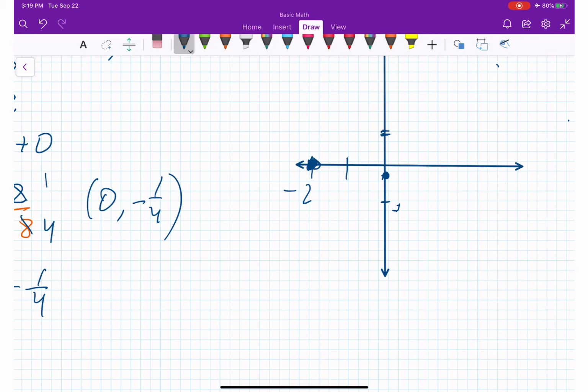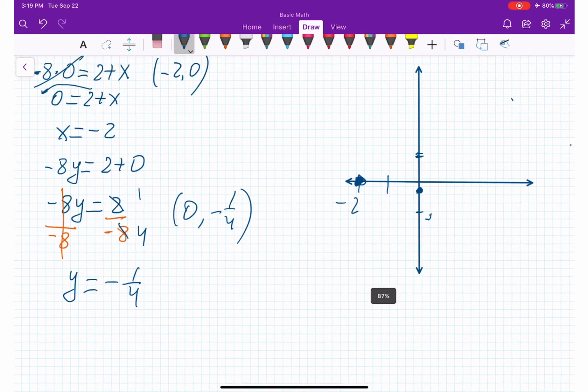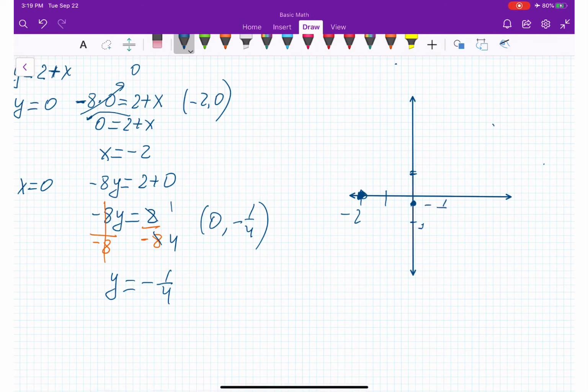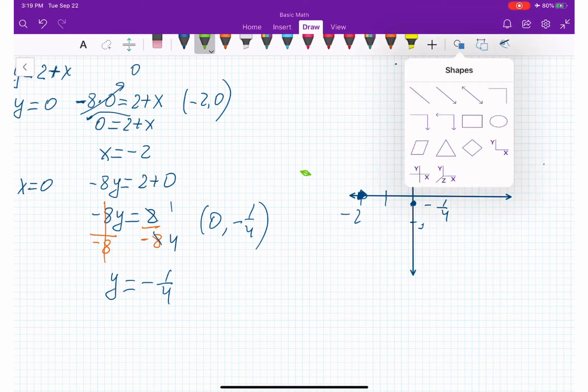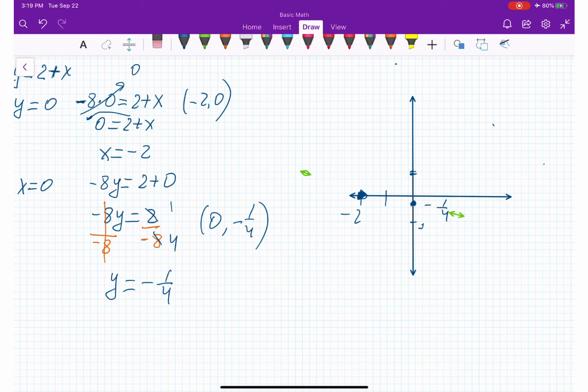Okay, this point and this point, it's going to be negative 1/4. Okay, and the graph is going to go like, oops, it's not working. Let me see. There we go. All right. And this will be our graph.